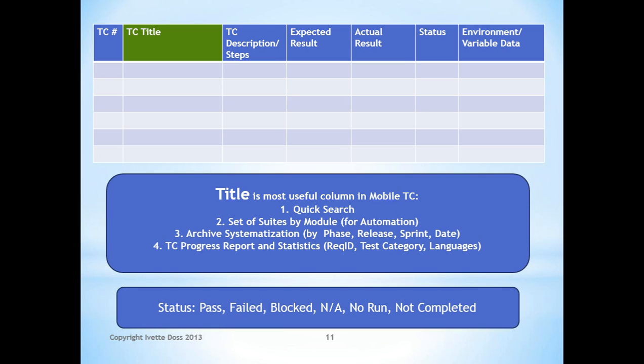If we go to systematization of the archive, we want to be able to find things by quick search or by filtering, for example by phase, by release, by sprint, by date, to find out where we are.